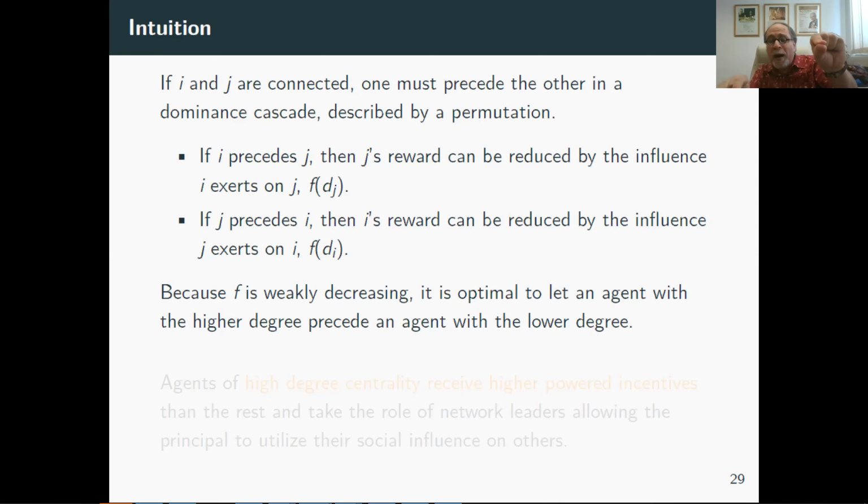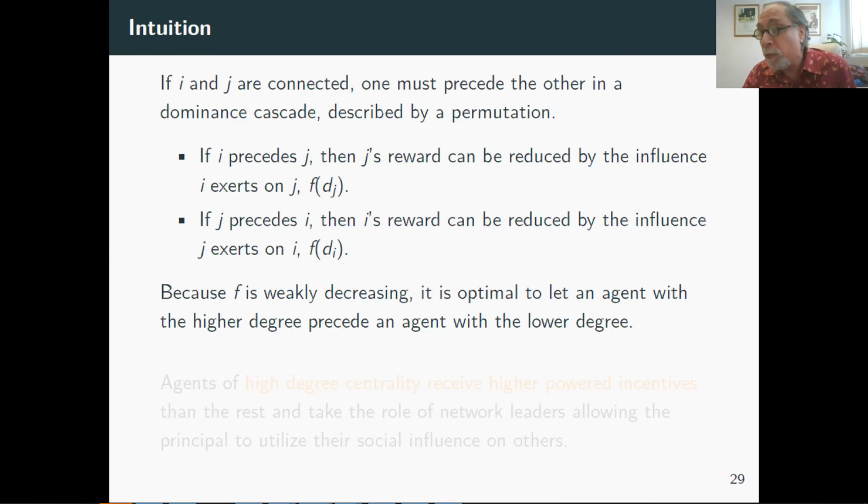So now if I introduce a link, introduce J to be a friend of I, and he doesn't take the action, he only dilutes the social effect from I. So this is a negative incentive to have a link between I and J, where J doesn't take the action, dilutes the incentives of I in taking the action.